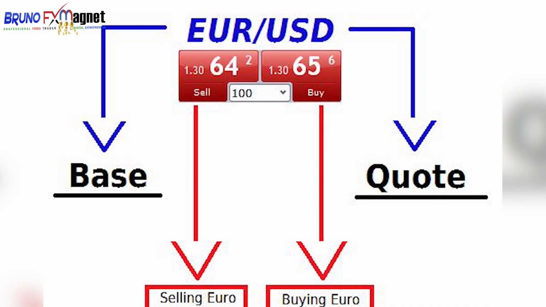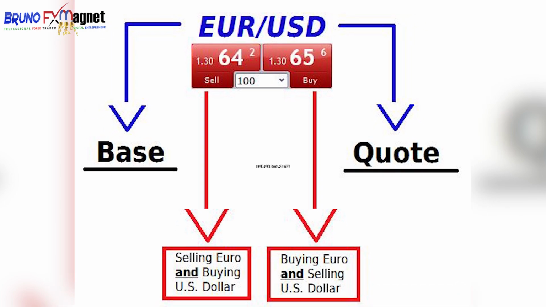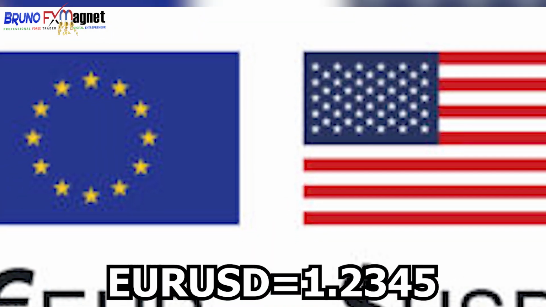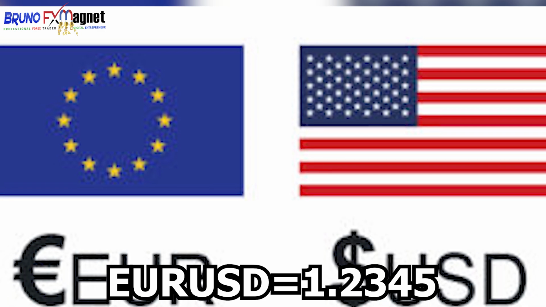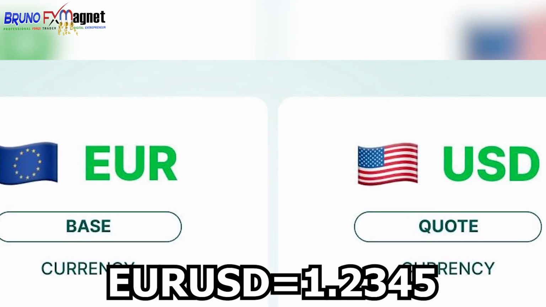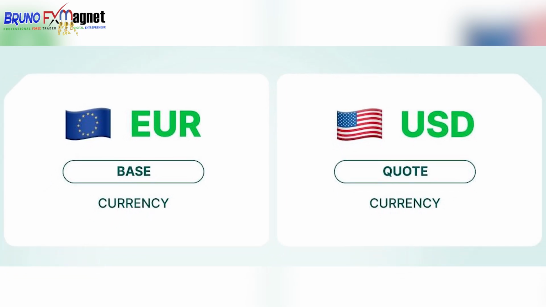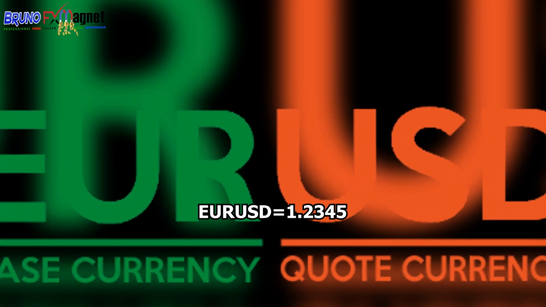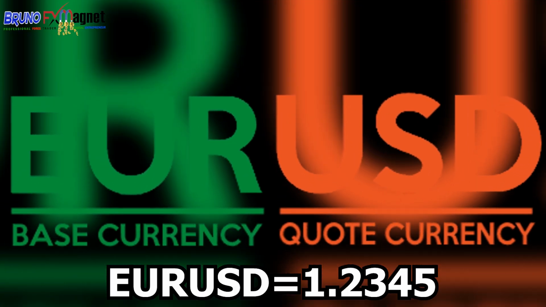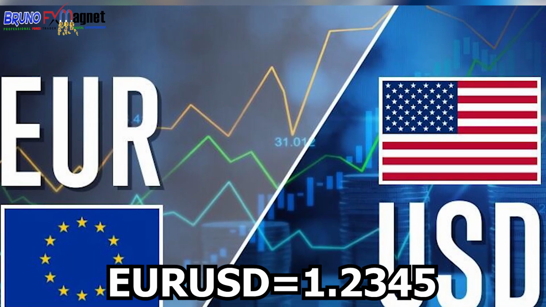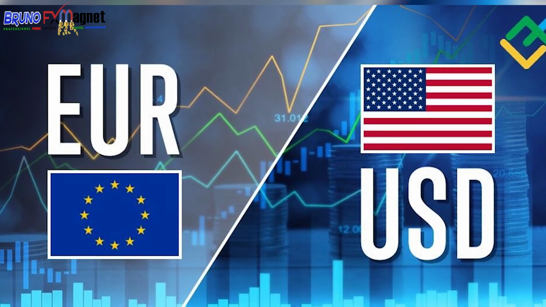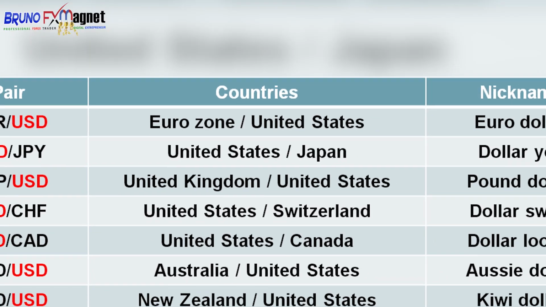When you sell 1 euro, you are automatically buying 1.2345 of United States dollar for this currency pair of Euro USD. When you buy 1 euro, you are automatically selling 1.2345 of United States dollar. The same applies to all the other currency pairs.